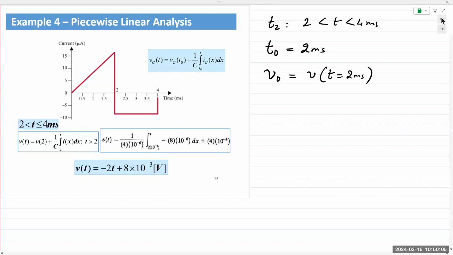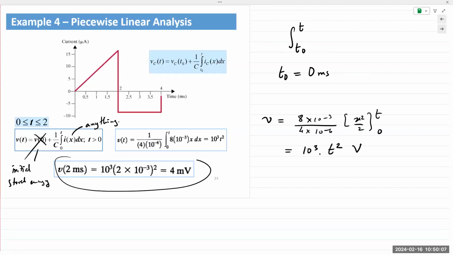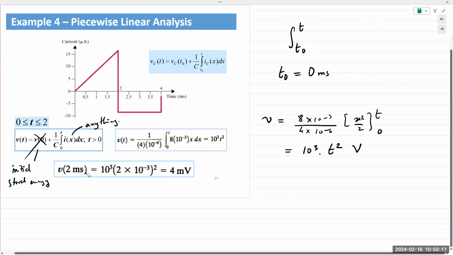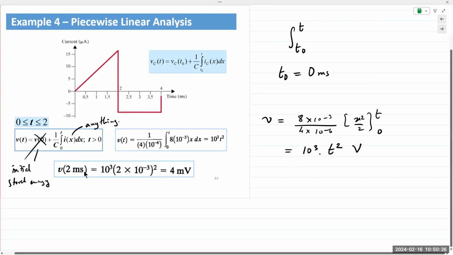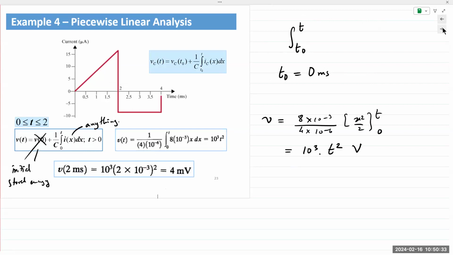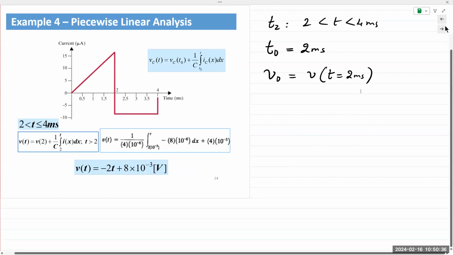And so we go back here, you plug in the value of t as 2 milliseconds in this equation, and then you solve and you obtain the value as 4 millivolts. And that is the purpose of finding that value, because that is the stored charge in that capacitor when you begin analysis on the second time period. Okay, and that 4 millivolts is taken into account in the second equation.